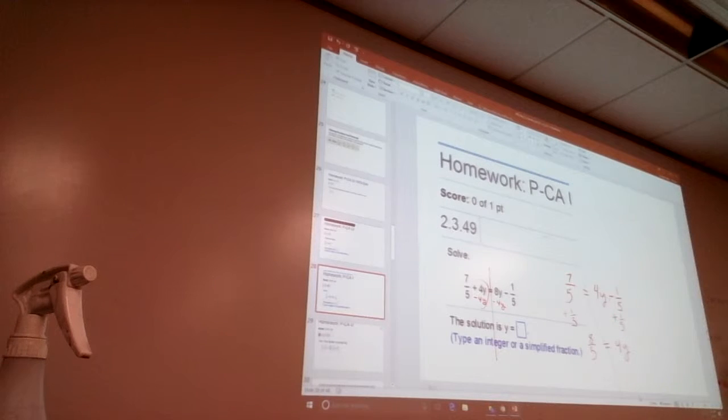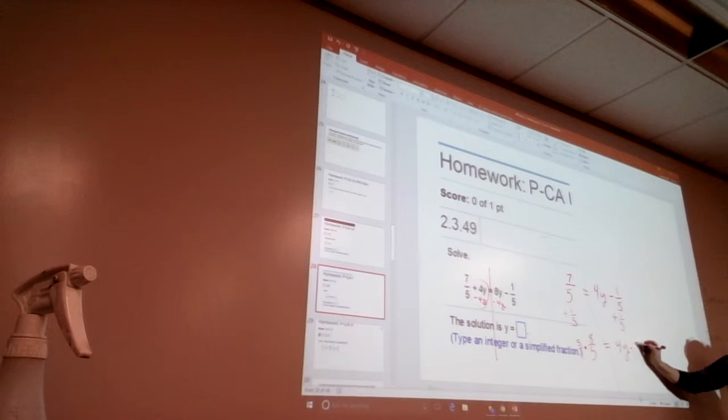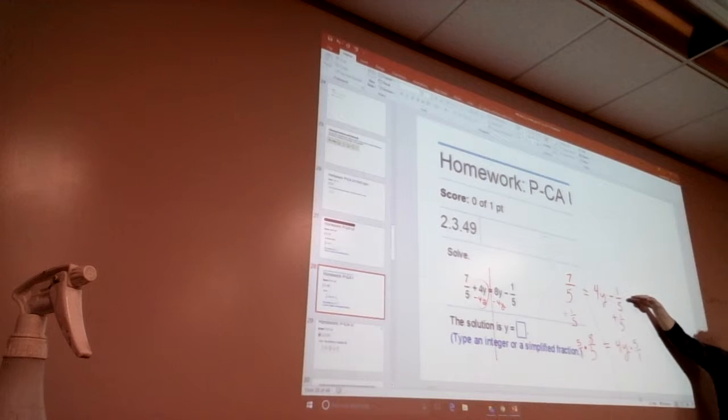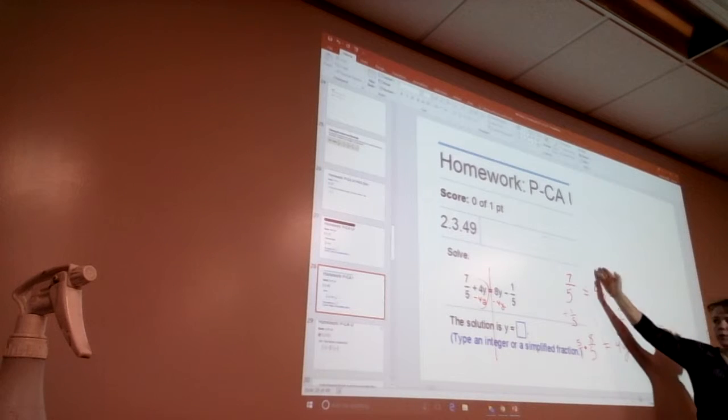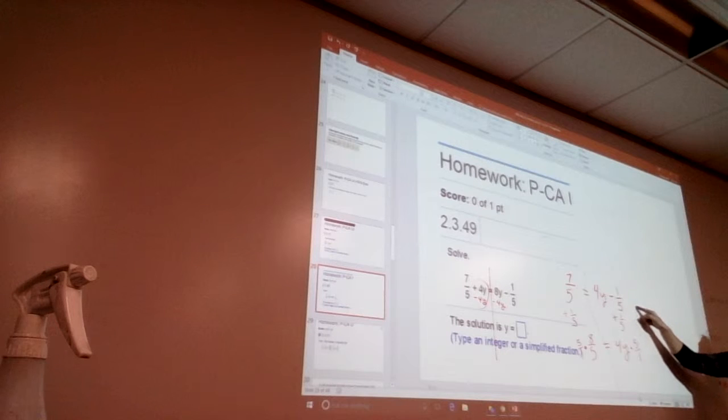And now I am going to do what he did, and that is to multiply each side by that denominator. So I've got 5 here, so I'm going to multiply by 5/1. I got to do it on both sides to be fair. If I would have chosen to multiply by 5 all the way up here, that's fine too, but I have to multiply all 3. Do you see that there's 3 terms here? 7/5, 4y, and negative 1/5.